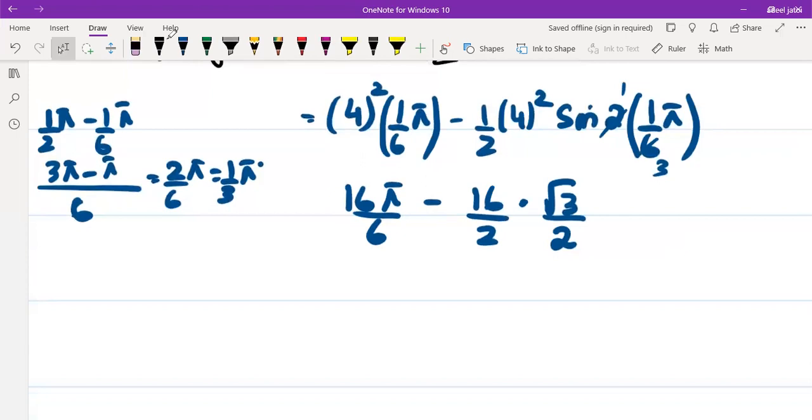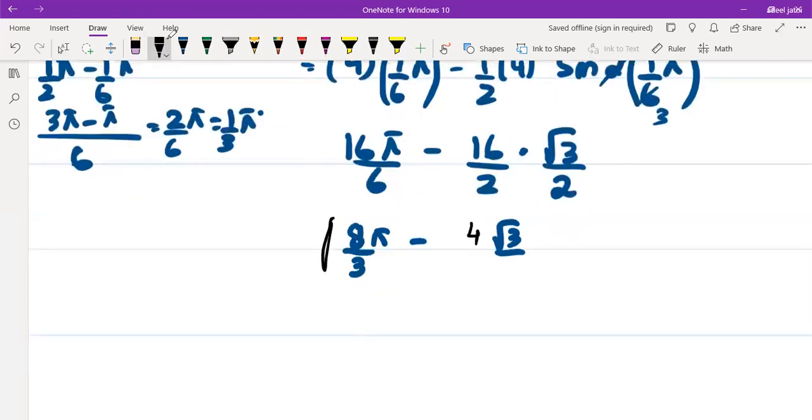If we solve it, this would be 8 upon 3 pi minus 8 into under root 3 upon 2, which we can write as 4 under root 3.